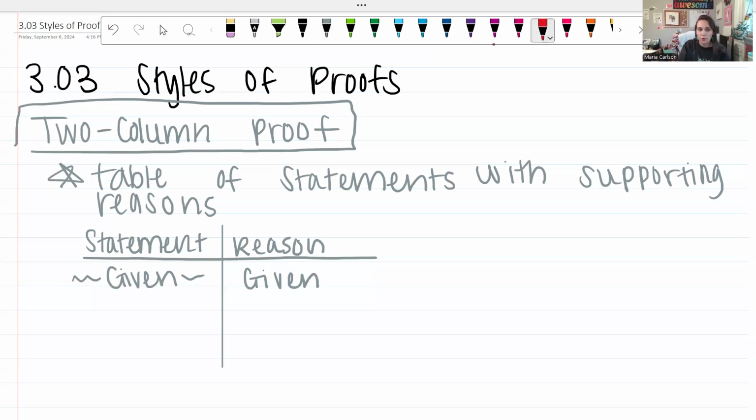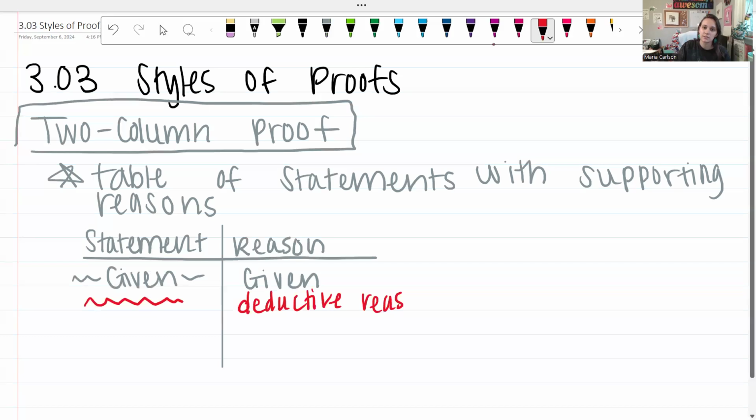And then you will go throughout your proof using logic and reasoning, using properties you know. So deductive reasoning. You could use a little bit of inductive reasoning too here. Every once in a while, you may.